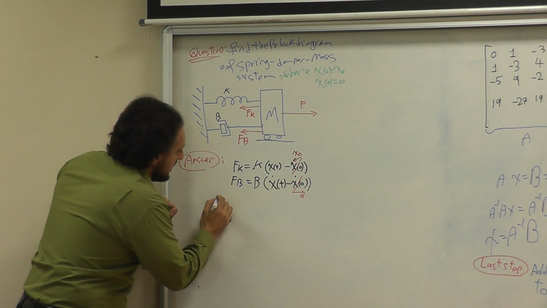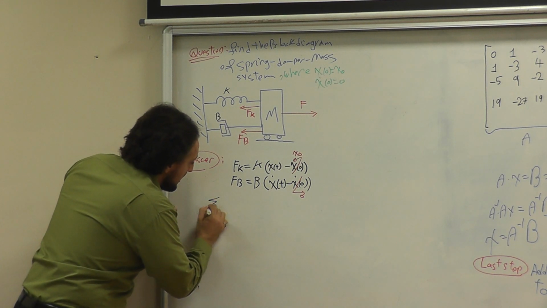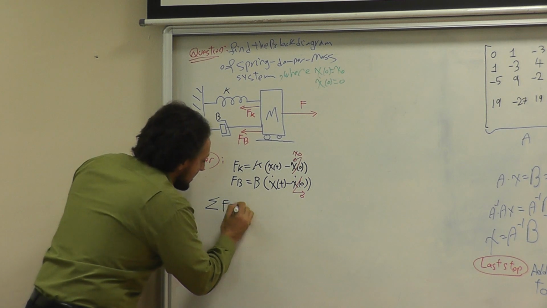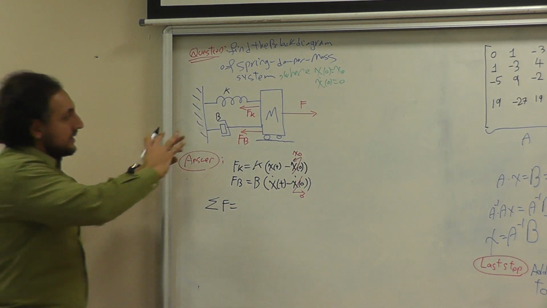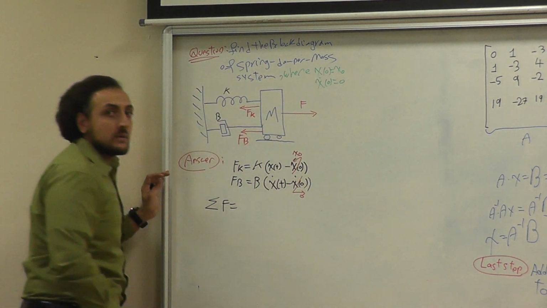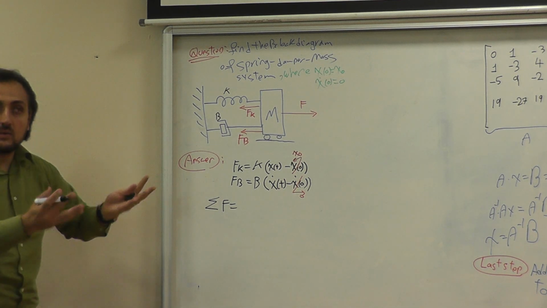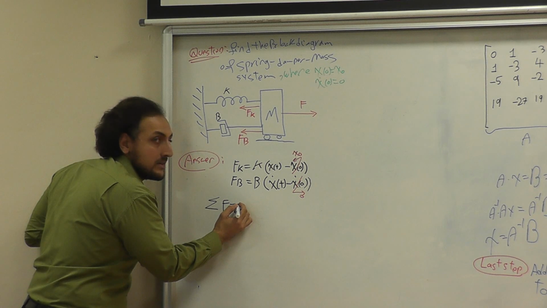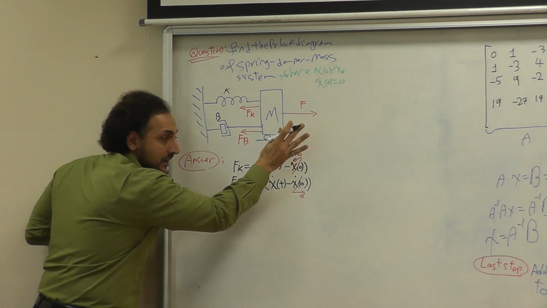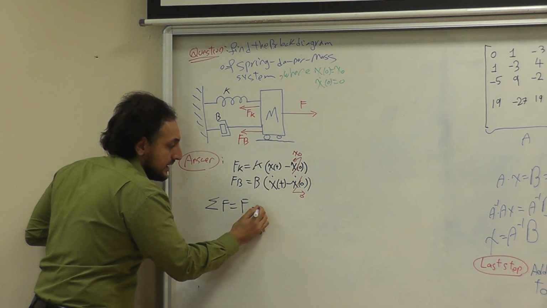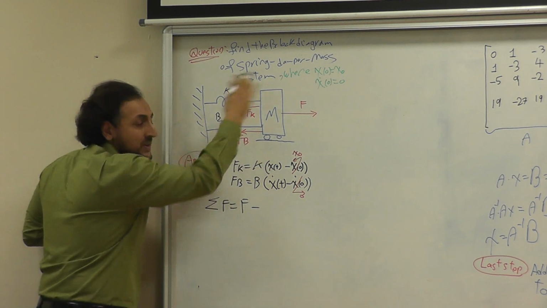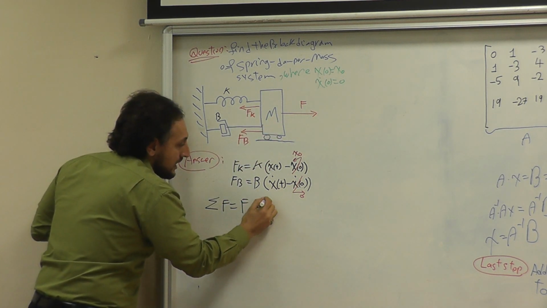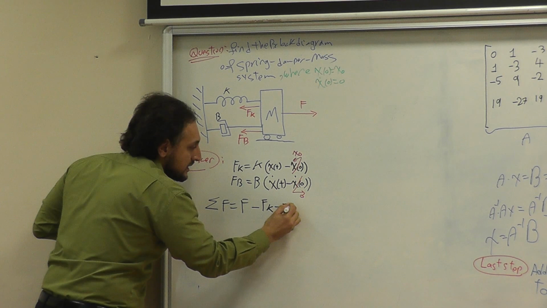Okay. And what is, let's say, the sigma F? The total of all of them together equal to what? Sigma F. Evet, neydi? Fk minus Fb, sadece kuvvet toplanıyoruz.